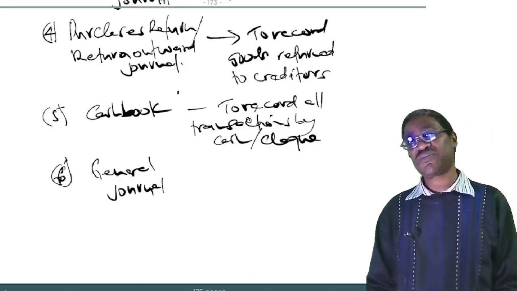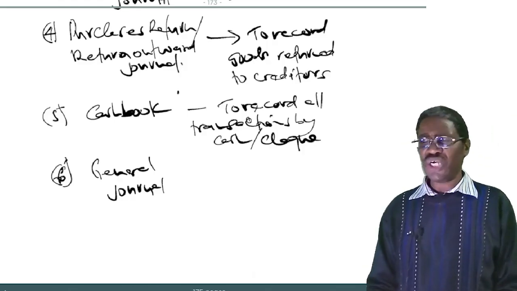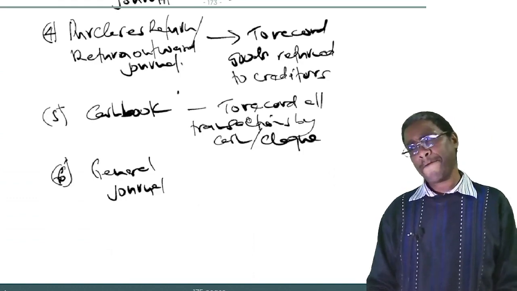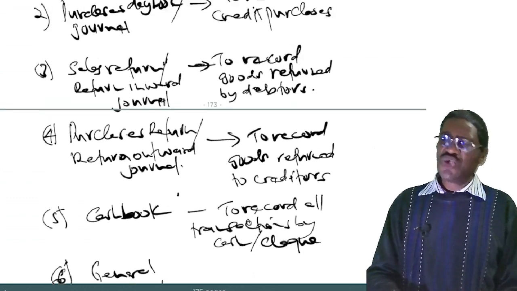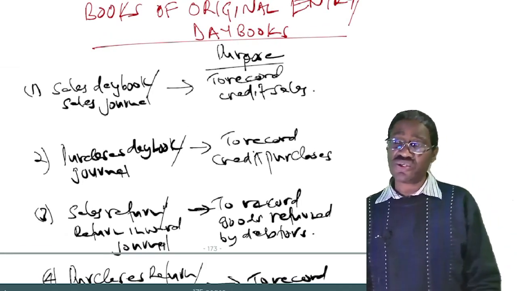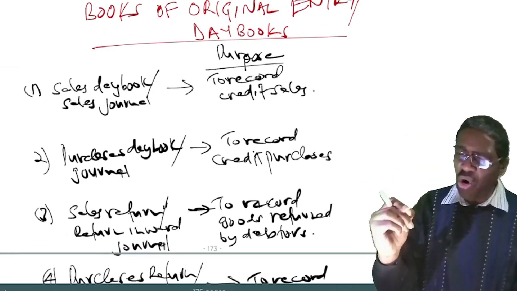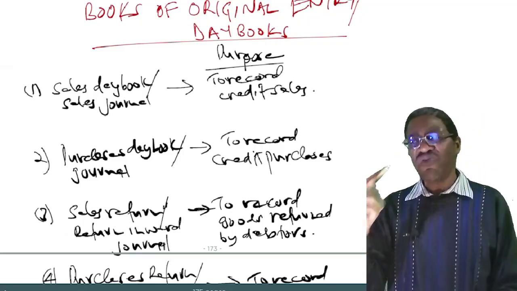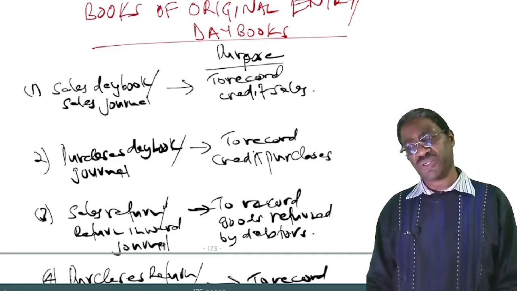Good. Next, the general journal. Now listen. You as a business may have a transaction that cannot be recorded in any of the above daybooks.